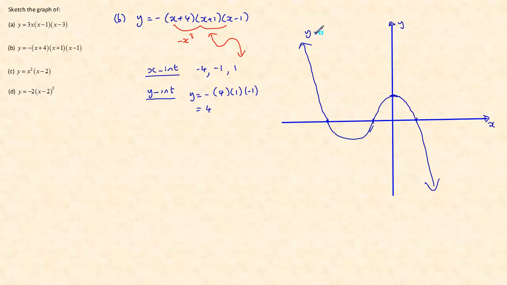So this one is negative (x plus 4)(x plus 1)(x take 1), and this is at negative 4, negative 1, let's tidy that up there, so like that, and 1. Oh, and don't forget the y, that was 4.